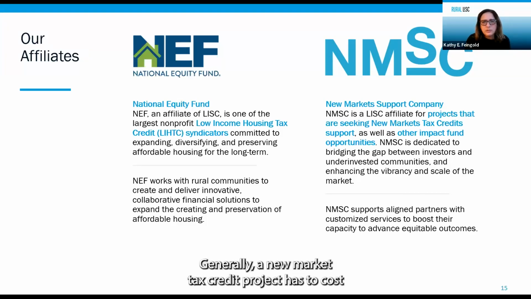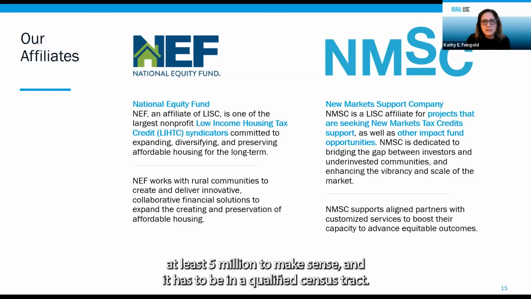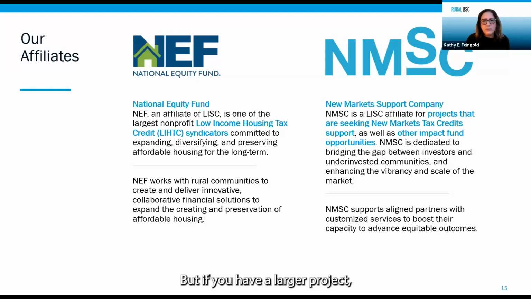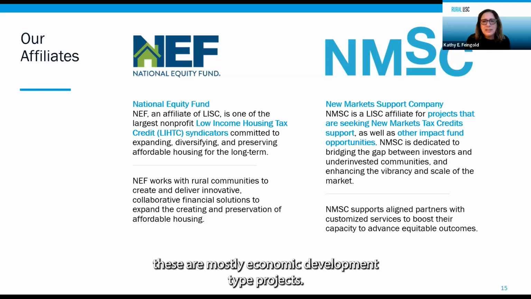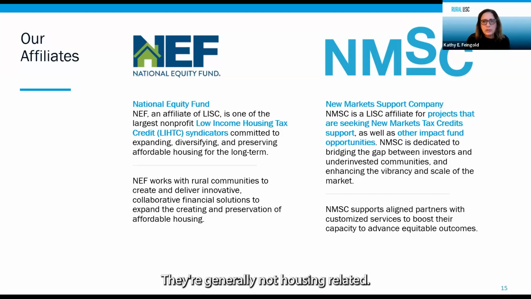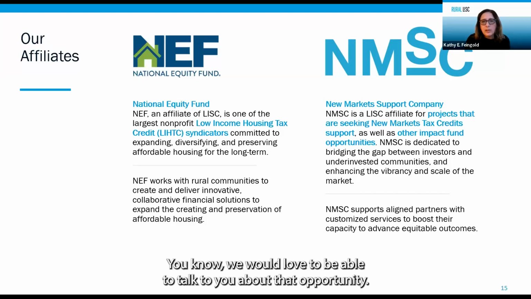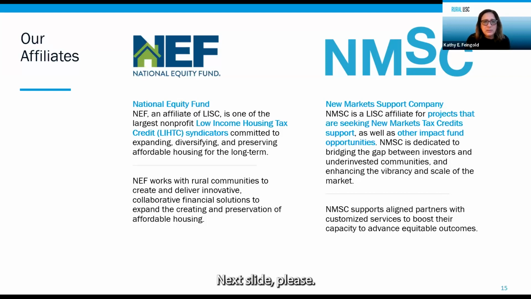Generally, a New Markets Tax Credit project has to cost at least $5 million to make sense, and it has to be in a qualified census tract. But if you have a larger project, these are mostly economic development type projects. They're generally not housing related. We would love to be able to talk to you about that opportunity. Next slide, please.